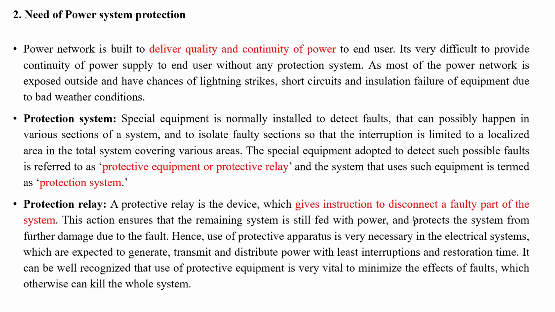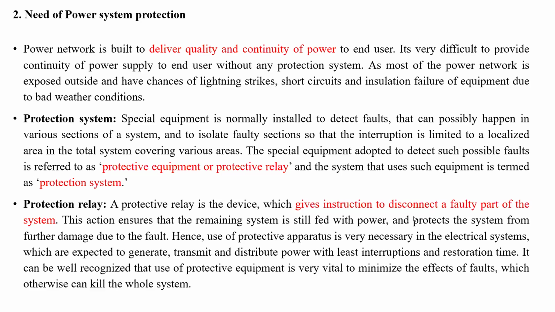The protection system is nothing but special equipment normally installed to detect faults that can possibly happen in various sections of the system, and to isolate the faulty section so that interruption is limited to a localized area in the total system covering various areas. The special equipment adapted to detect such possible faults is referred to as protective equipment or a protective relay, and the system that uses such components is termed a protection system.